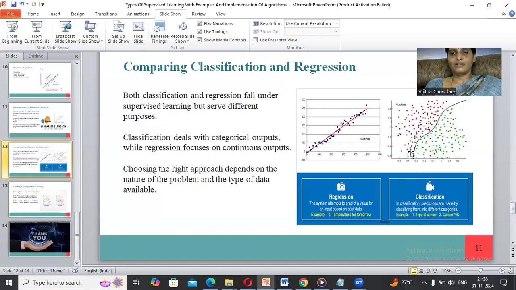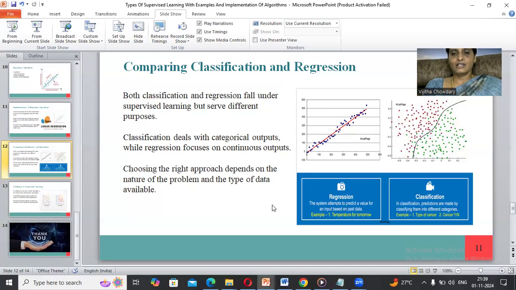In this session, we learned about supervised learning and the types of supervised learning, which are classification and regression. Classification means categorical values can be categorized using classification algorithms in supervised learning, and regression means continuously changing values, which are not permanent data.